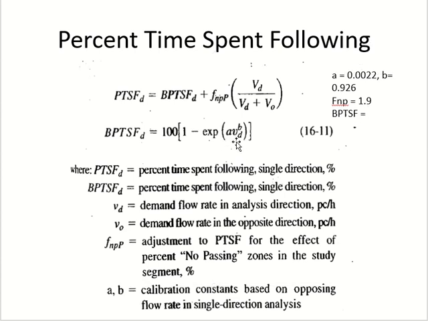Okay, this is A multiplied by VD to the power B. Okay, so B is the power of VD, and this whole thing is the exponent, the power of E. A will be negative.